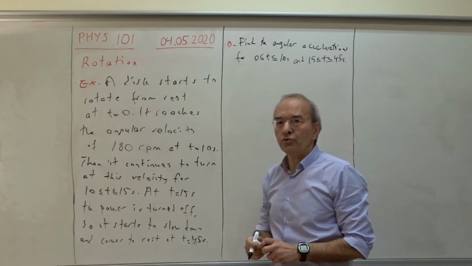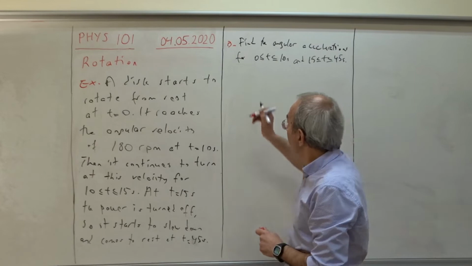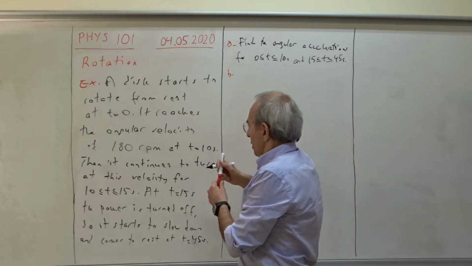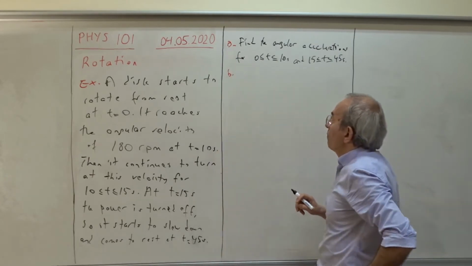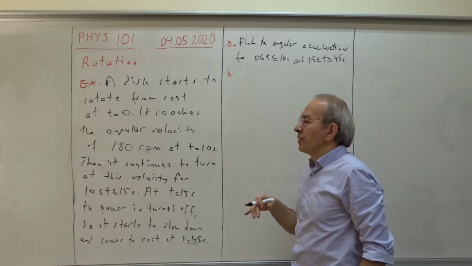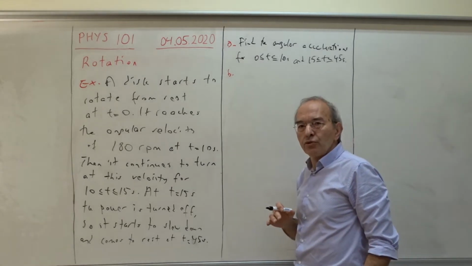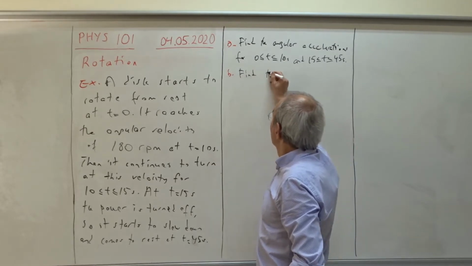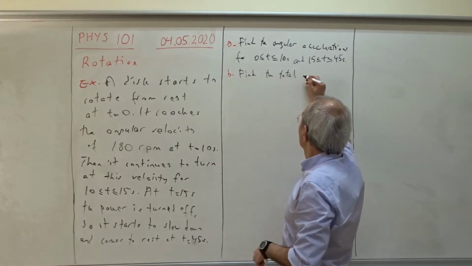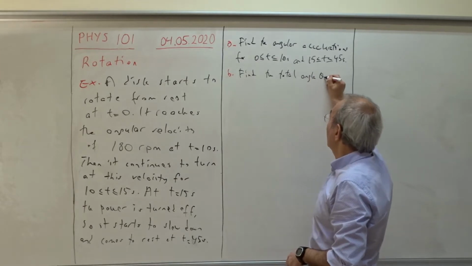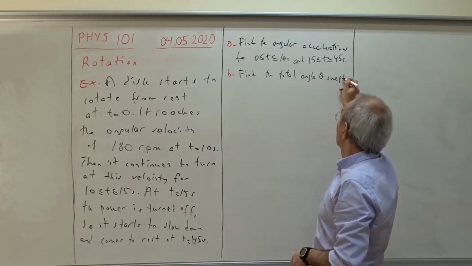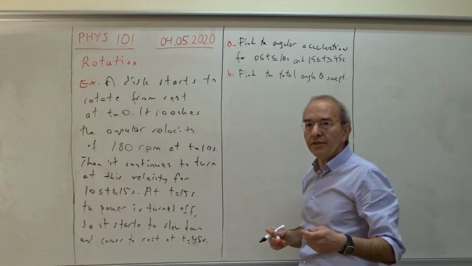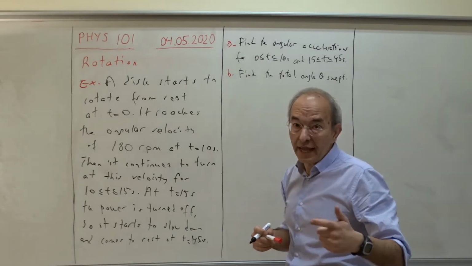So the first part is to find the acceleration. Second thing is find the total angle theta swept, and the total number of revolutions, n.